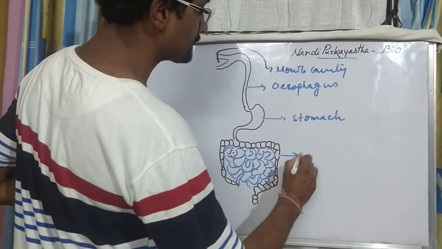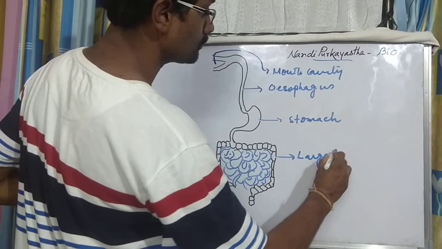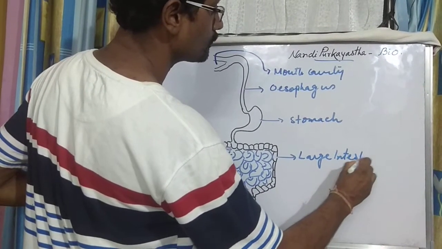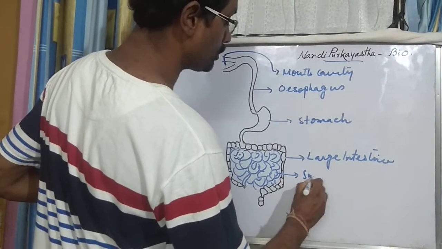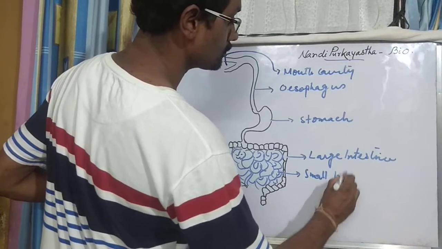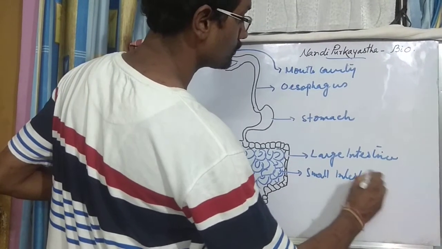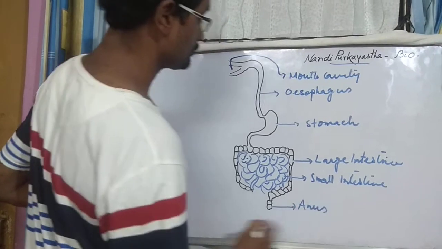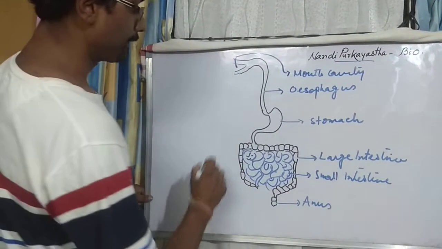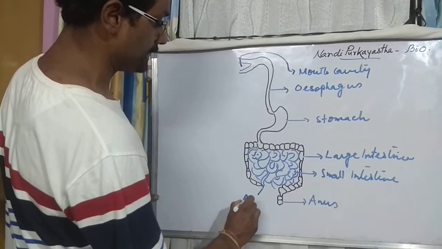This one is the large intestine. This one is the small intestine. This one here is the anus. Okay? This one is the appendix.